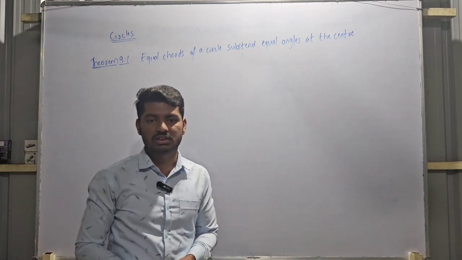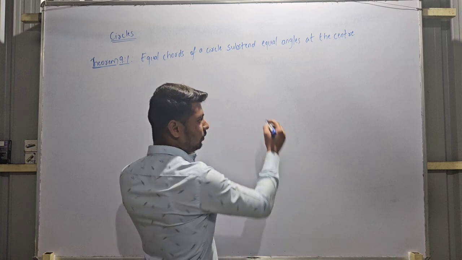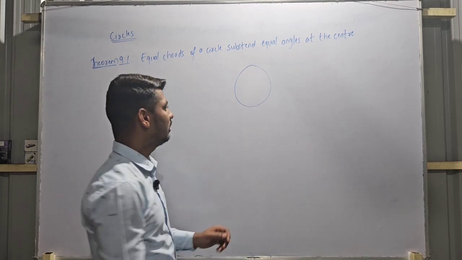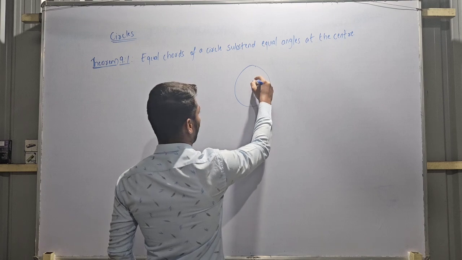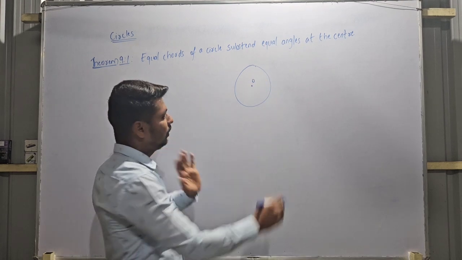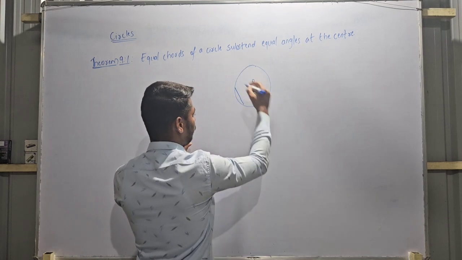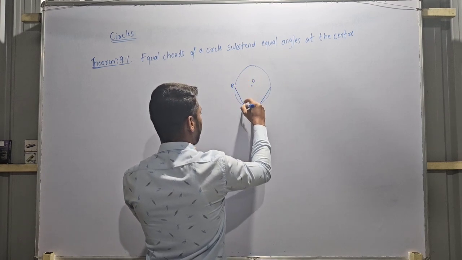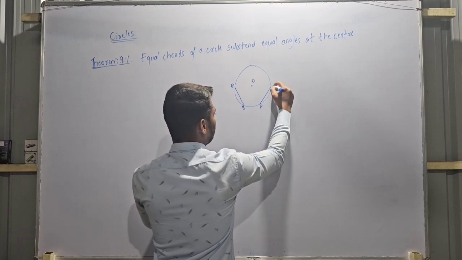What is the meaning of this statement? Suppose we consider this as a circle and this is the center of the circle, O. Here we have two chords: AB is one chord, and PQ is the other chord.